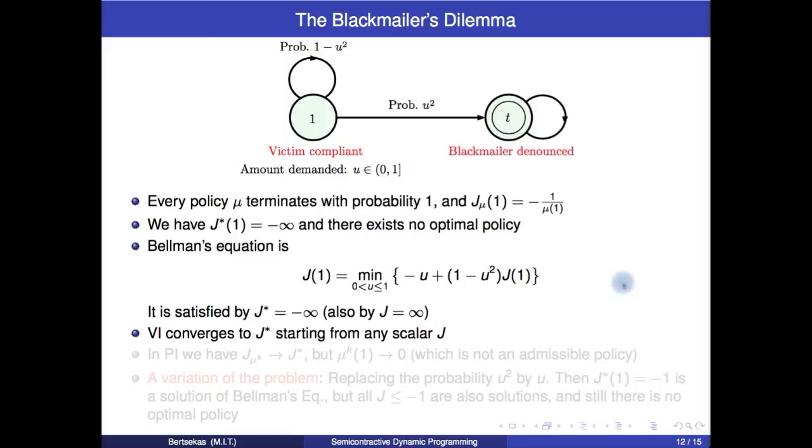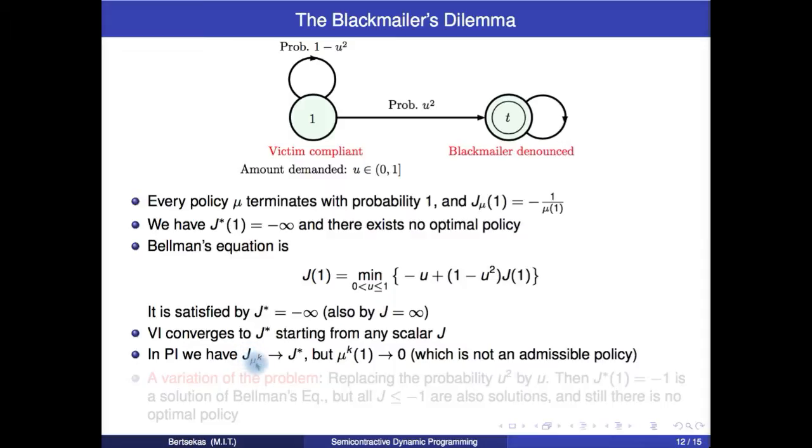Value iteration turns out to be reasonably well behaved in the sense that starting from any scalar j and applying this dynamic programming mapping repeatedly, we get a sequence that converges to the optimal cost j star. Policy iteration also has somewhat reasonable properties.